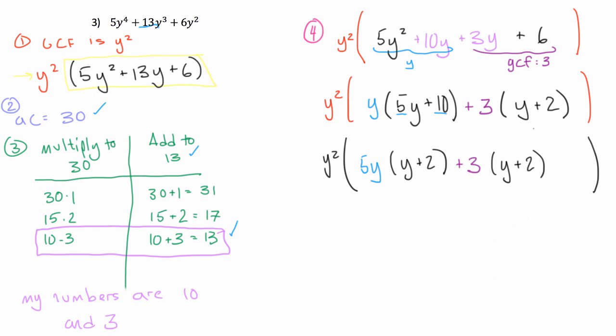And so my y squared is still outside, and I can take my common binomial factor of y plus 2, and then what's left here is 5y plus 3. And so this isn't wrong, it's just not done.